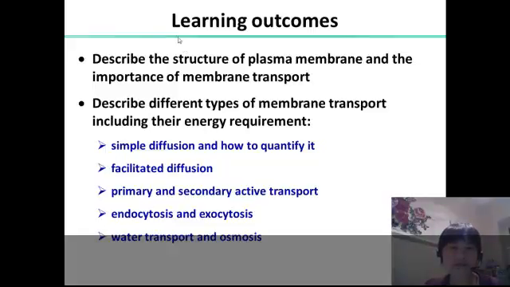So these different types are simple diffusion and how to quantify this, facilitated diffusion, primary and secondary active transport, endocytosis and exocytosis, water transport and osmosis.